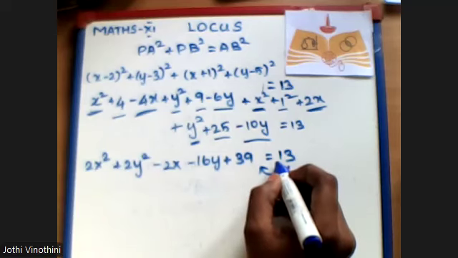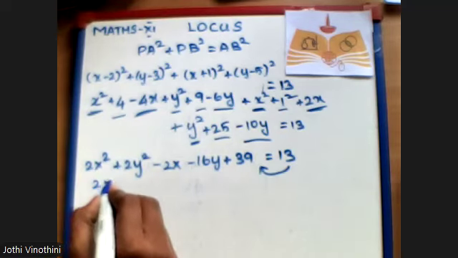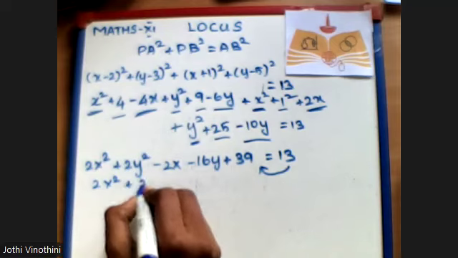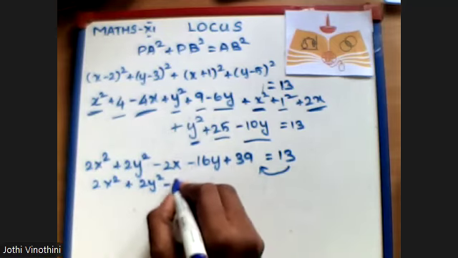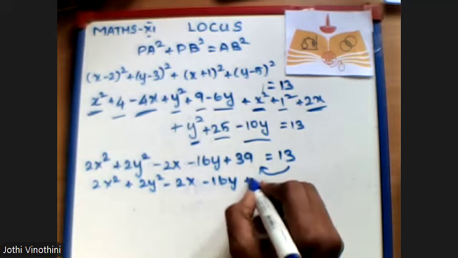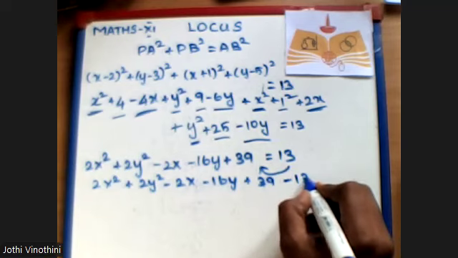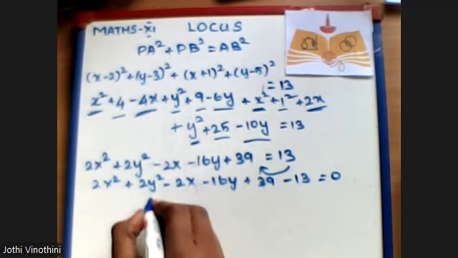In the next step, I'm going to take this 39 here. So here it is positive 39. When it comes here, it will become negative 13. So 2x squared plus 2y squared minus 2x minus 16y plus 39 minus 13 equals 0.